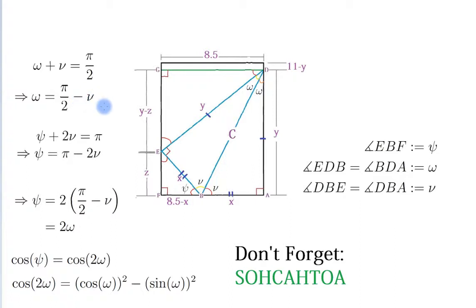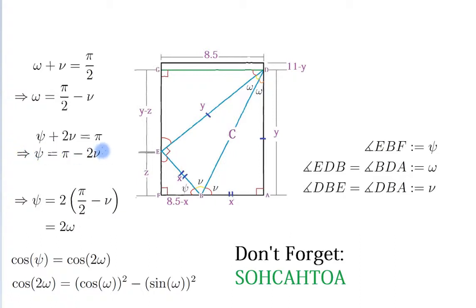Now for this one here, these two triangles are the same, so these two angles are exactly the same. Now this sum c plus nu has to be pi because this is a straight line. So that means that c plus 2 nu equals pi. But that implies that c equals pi minus 2 nu.